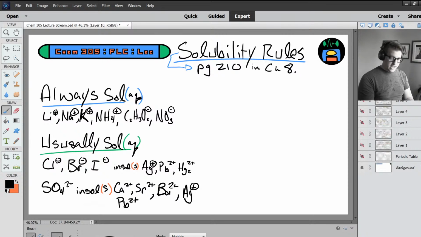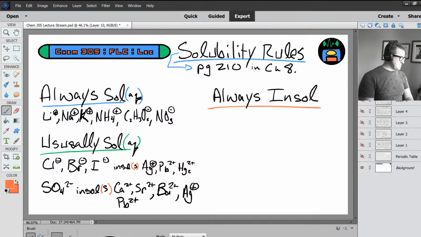Next, we have a group that I call the always insoluble. Always insoluble ions, there's just 2 of them. Carbonates. So carbonates are always insoluble. Phosphates, always insoluble. And again, insoluble means that they will be in the solid phase.